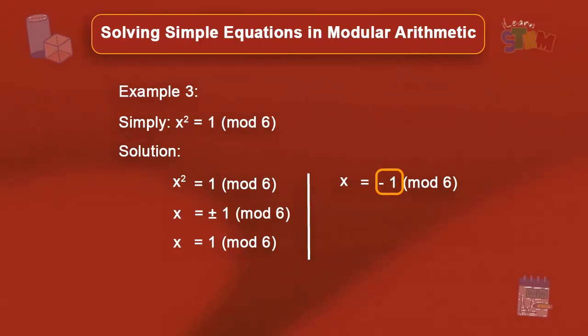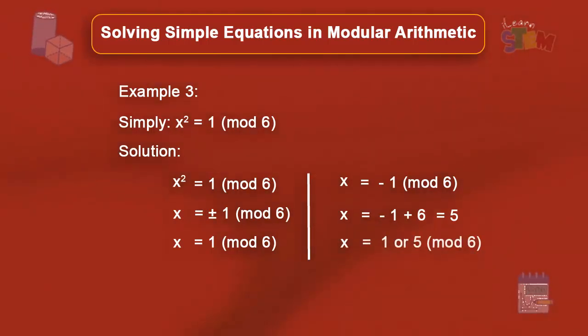So we find the positive equivalent by adding the mod value 6. So, x = -1 + 6. This gives us 5. Therefore, x = 1 or 5 mod 6. That's amazing. Let us now discuss the applications of modular arithmetic in everyday life.